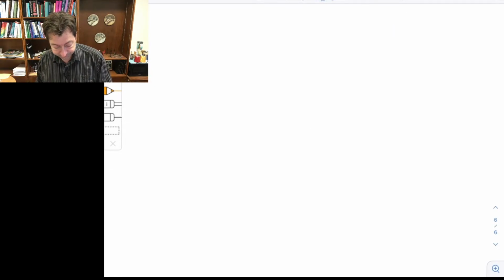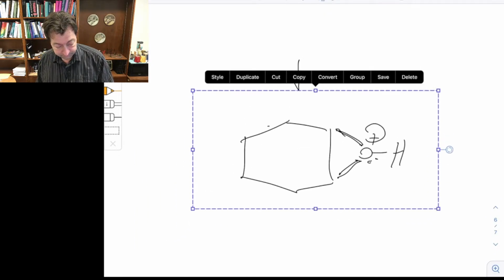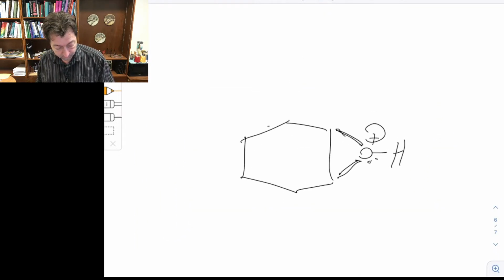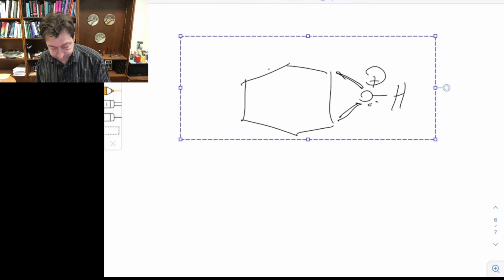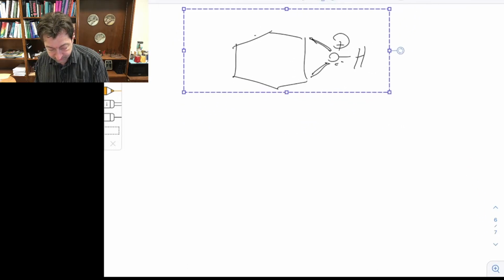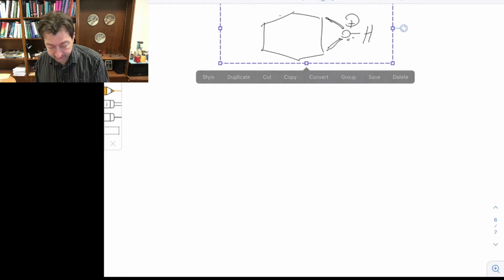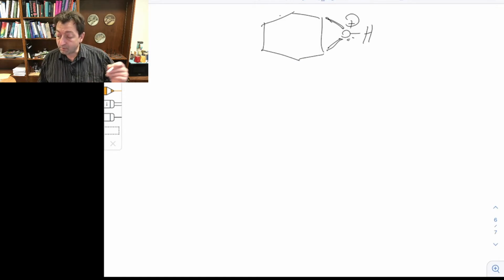So let's do this. I'll shrink that down a little bit because we've seen it already and just hide it out of the way. And what I want to show is the two different fates of this particular intermediate on our pathway.